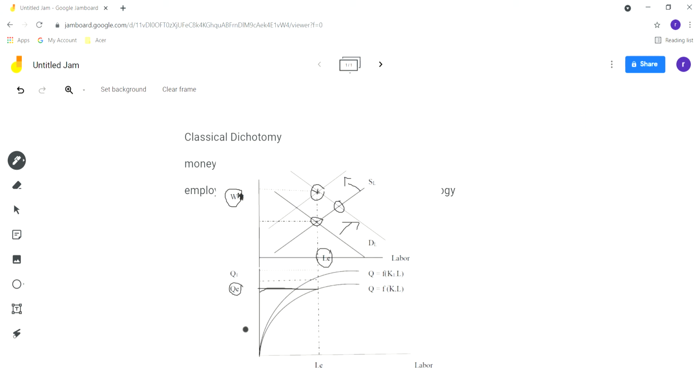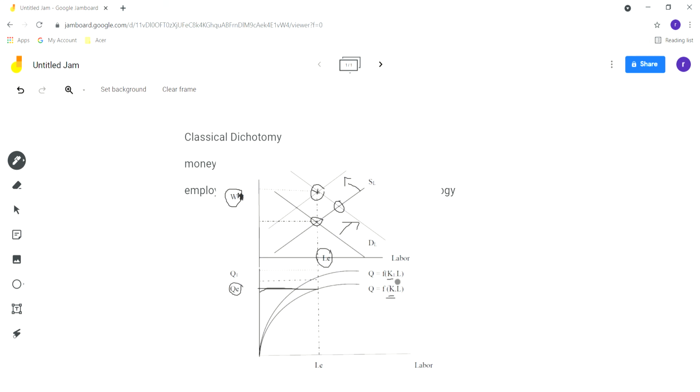So this is the idea of classical dichotomy, and now we'll see how the real variables affect the other real variables. Suppose there is a change in the capital stock. When capital stock changes, the production function shifts upwards, because earlier we had a capital stock of k bar.